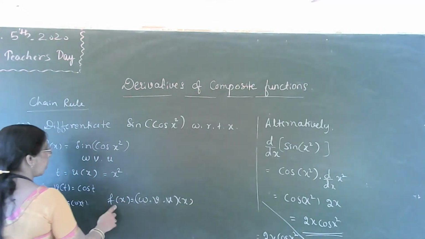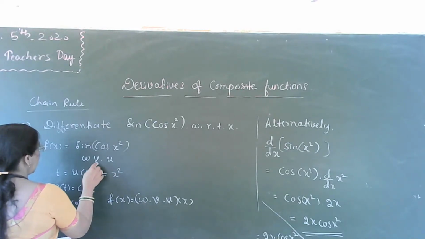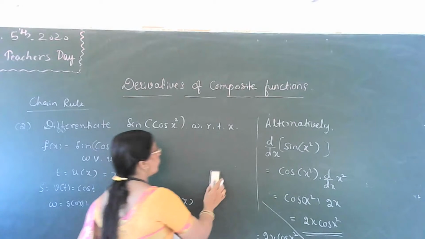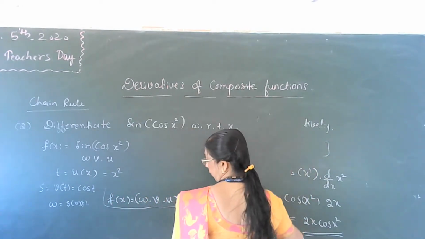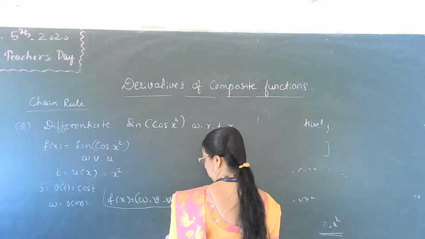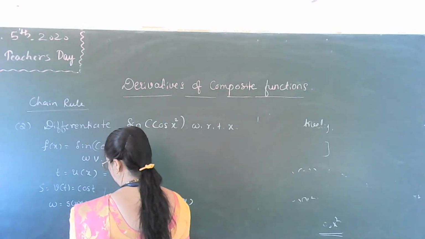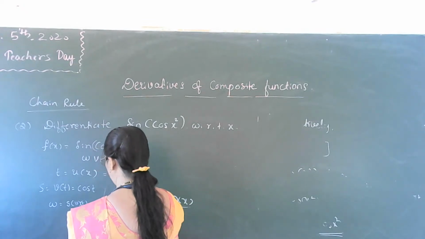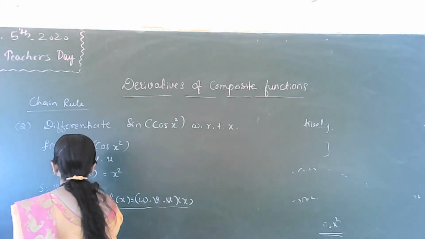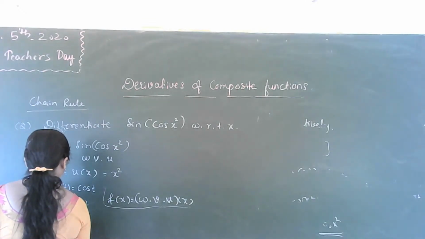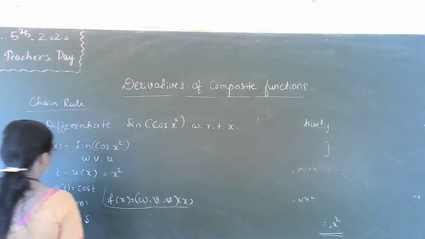Three functions. We find the derivative of these three functions: u of x equal to x square, and v of t is equal to cos t, and w of s is equal to sin of s.